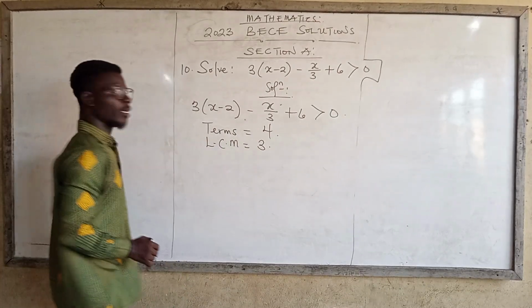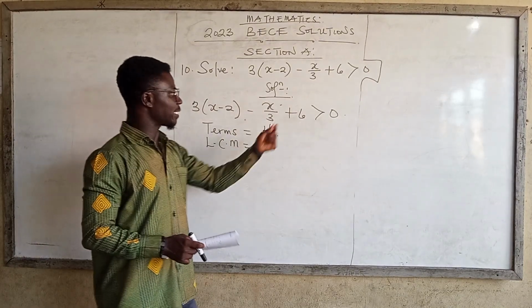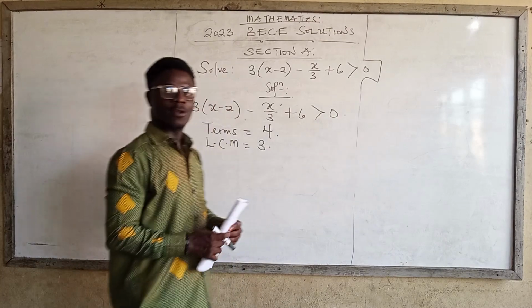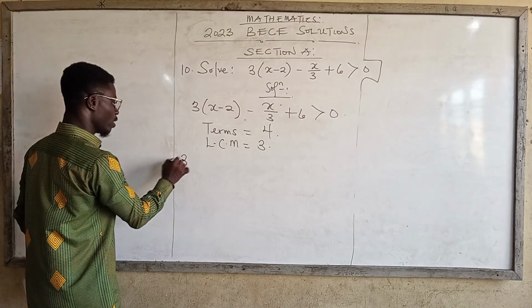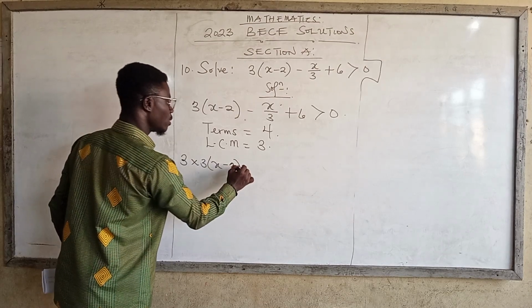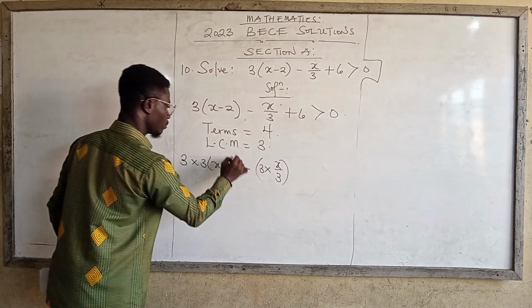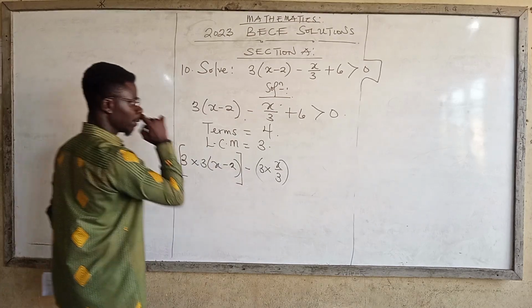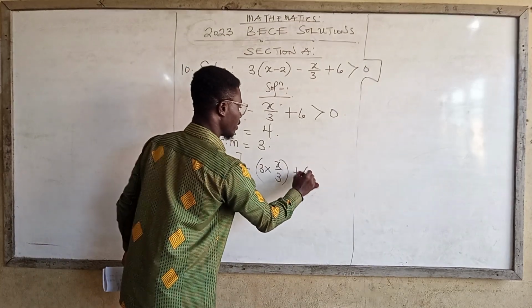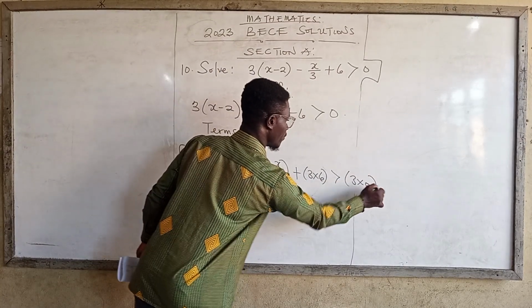I have 3. So we multiply it by the first term, second term, third term, and the fourth term. So I have 3 multiplying 3 times x minus 2 minus 3 times x over 3, then plus 3 times 6 greater than 3 times 0.